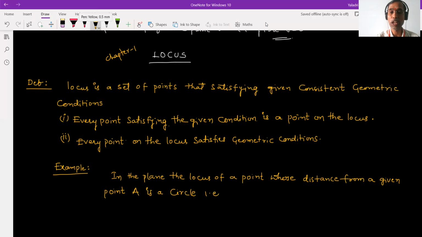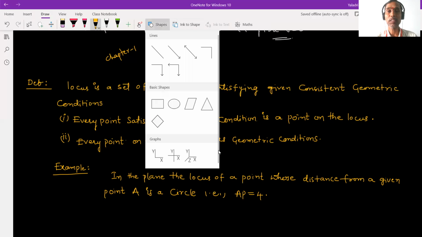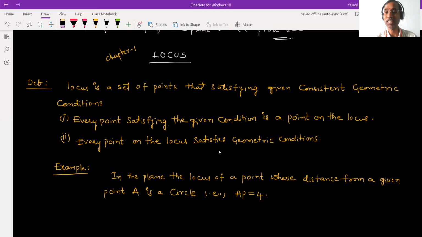So that is AP equals 4. So whatever the sentence is here, in the plane, the locus of a point whose distance from a given point.